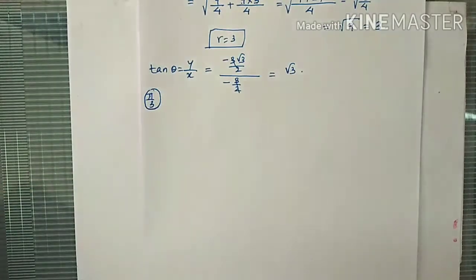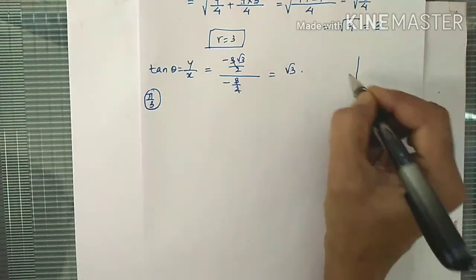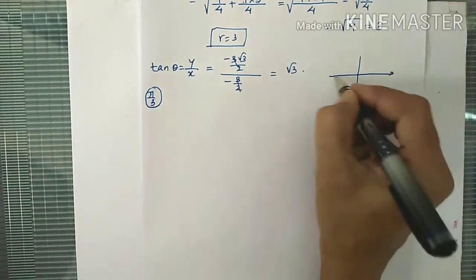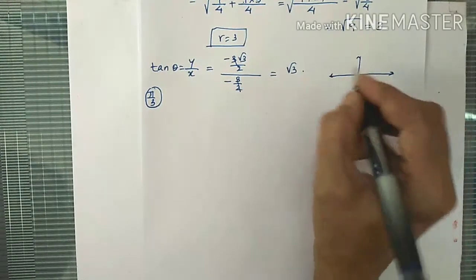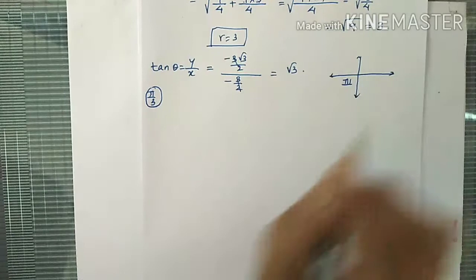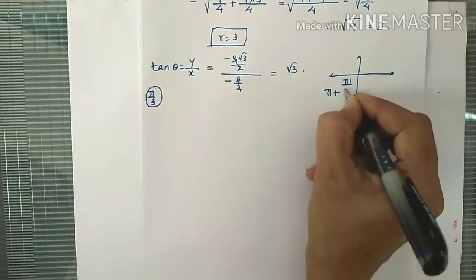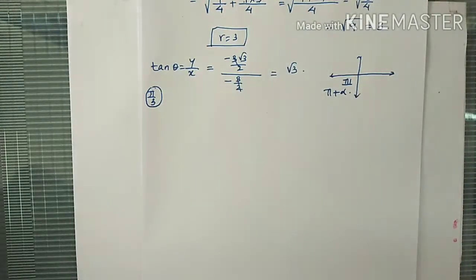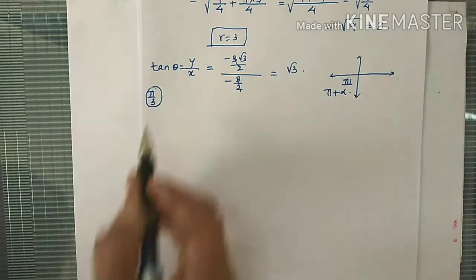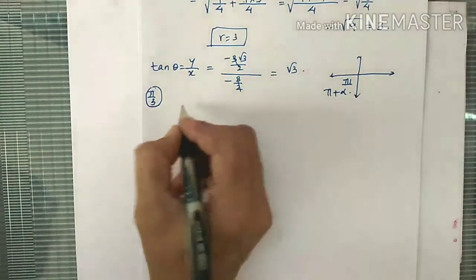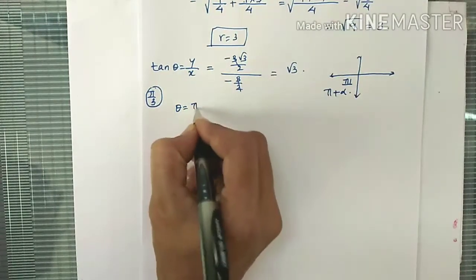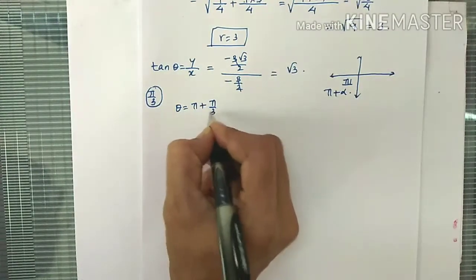Okay. Now the quadrant is, as it is minus minus, the point lies in third quadrant. So what is given in the third quadrant? In the third quadrant, we have to write angle as pi plus alpha, and that is pi by 3. So theta is pi plus pi by 3.